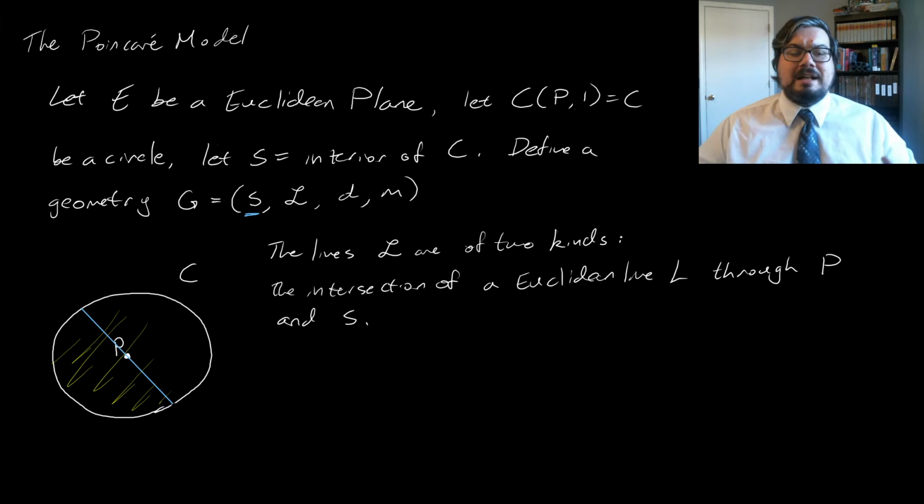So it's sort of a diameter of the circle without the endpoints. So that's the first kind of line in our geometry G.